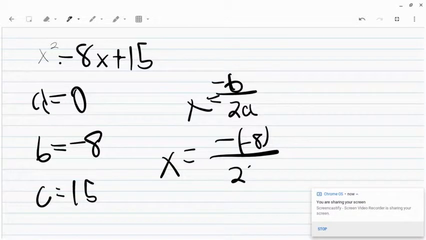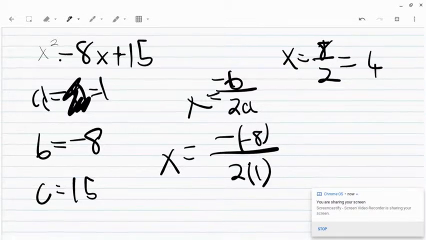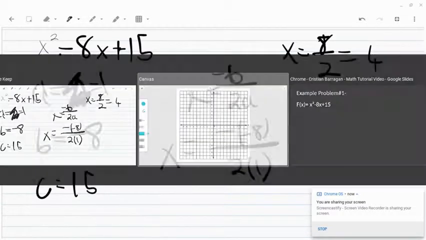Or my bad, actually a does not equal 0, it equals 1. So this would be 2 times 1. I'm sorry. So then you simplify, which would be x equals positive 8 divided by 2, which equals 4. And that gives you your axis of symmetry.